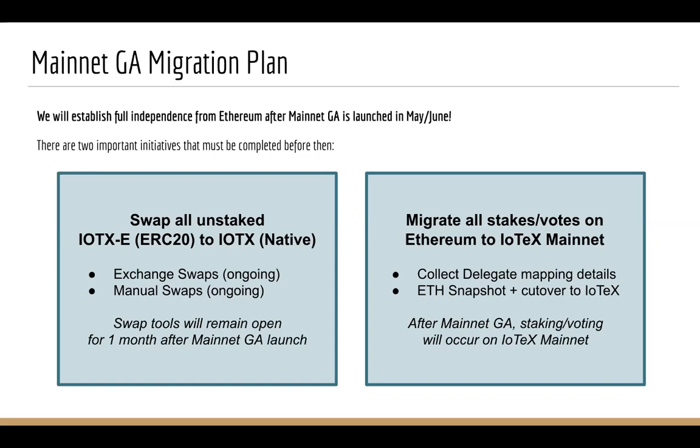Ultimately, there's going to be a snapshot taken of all the ETH stakes and votes, and there will likely be a maintenance period where we cut over all that information to the IoTeX mainnet. But let me explain this on the next slide.